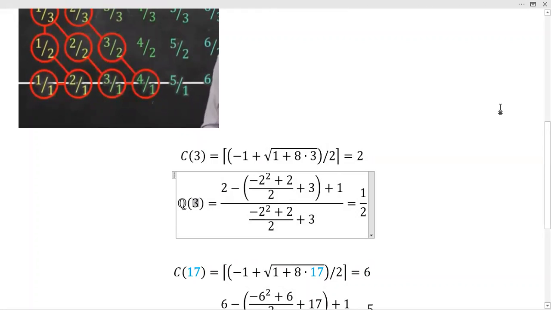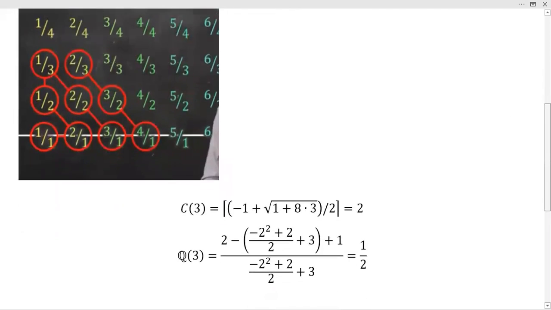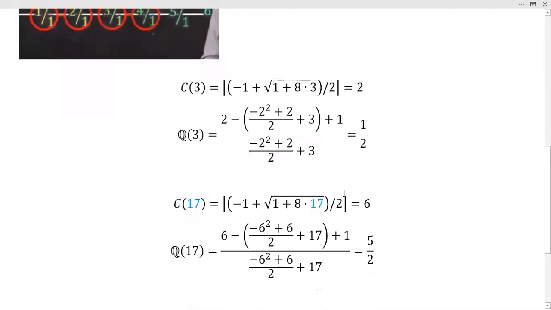Now, let's do one slightly more challenging. Let's see if we can find the 17th number in that grid. This one's a little more challenging. 8 times 17, I think, is 136.